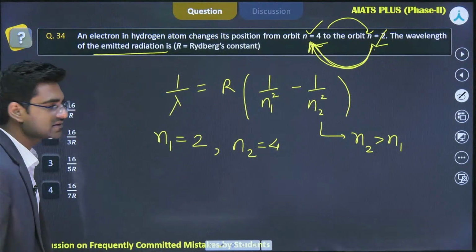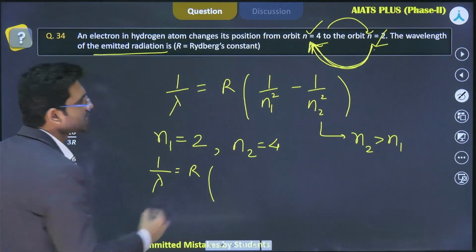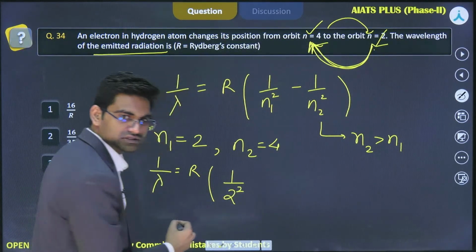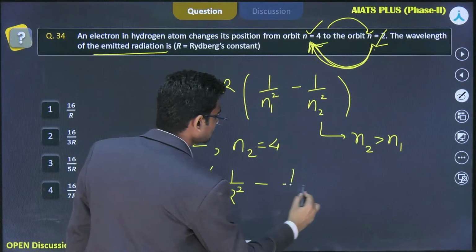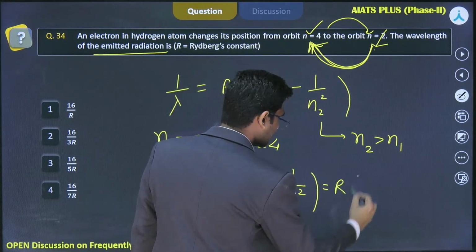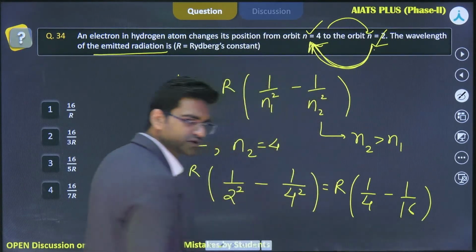Now let's calculate this. 1 by lambda is equal to R times 1 by 2 square minus 1 by 4 square. This will be equal to R times 1 by 4 minus 1 by 16. Very easy to calculate now.